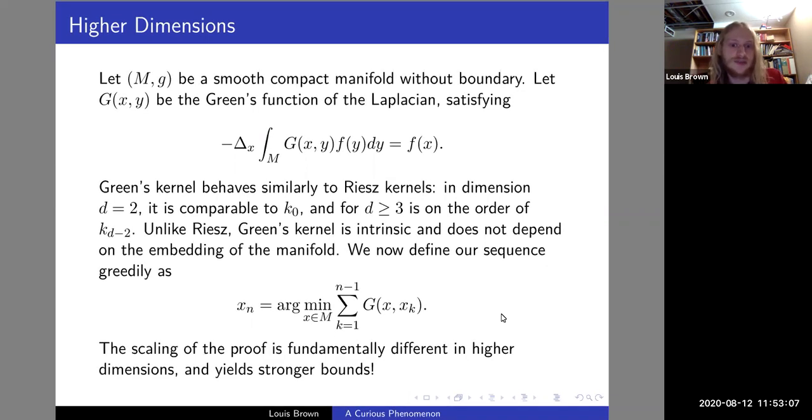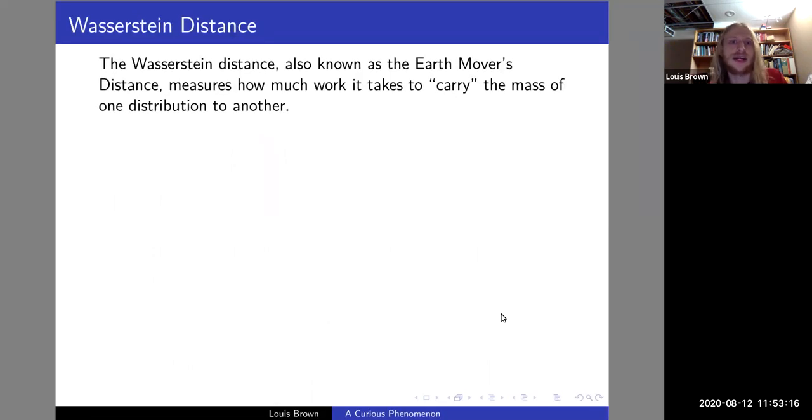And the scaling of the proof is going to be fundamentally different in higher dimensions, and it will give us stronger bounds, actually. But to look at that, we're going to first need to look at the Wasserstein distance. So the Wasserstein distance, which is also known as the Earth mover's distance, measures how much work it takes for us to carry the mass of one distribution to another.